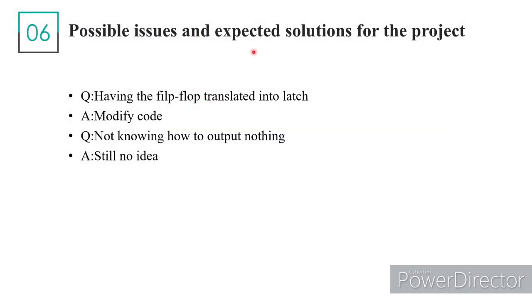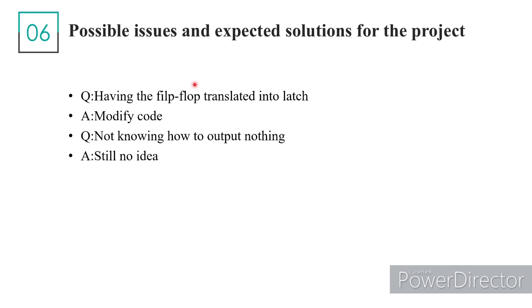Here are some possible issues and our solutions. If flip-flops are being translated into latches, we should check and modify our code to make sure they are translated into flip-flops in logic synthesis. And here's one major problem that we don't know how to solve, but we will try to find a solution: we don't know how to output nothing.